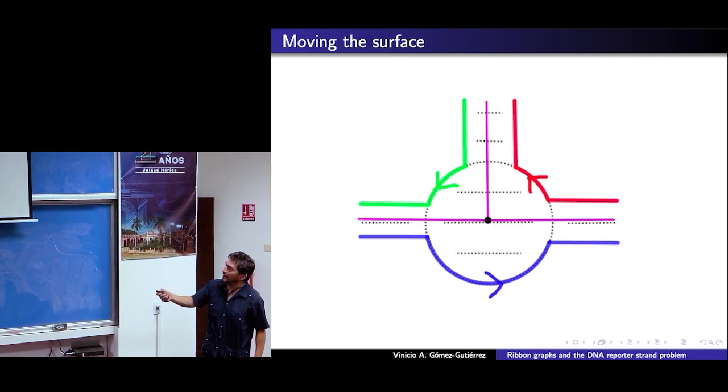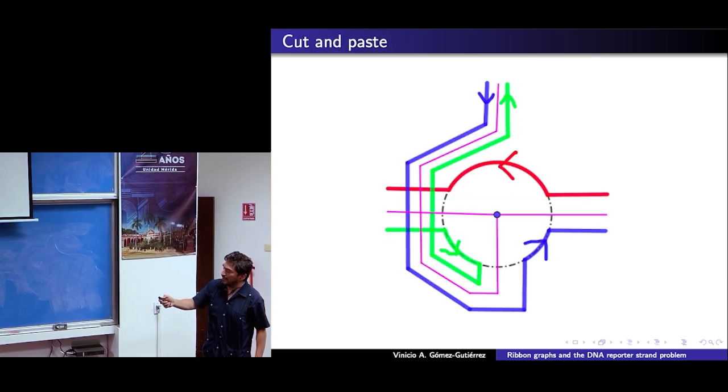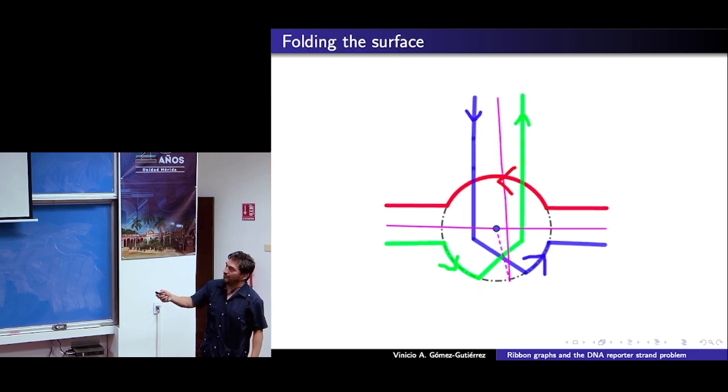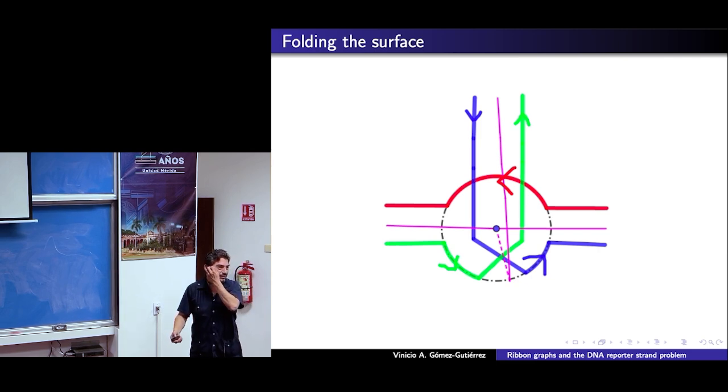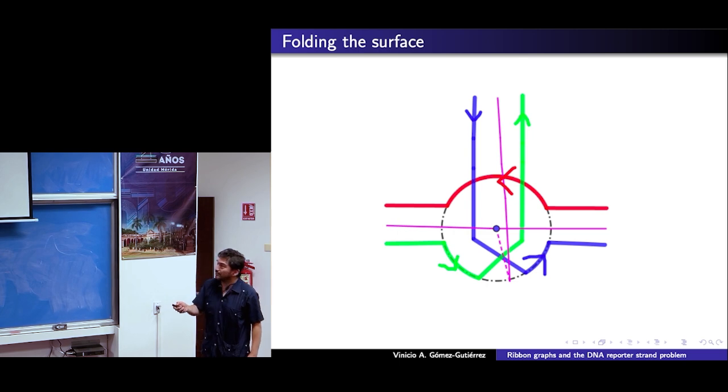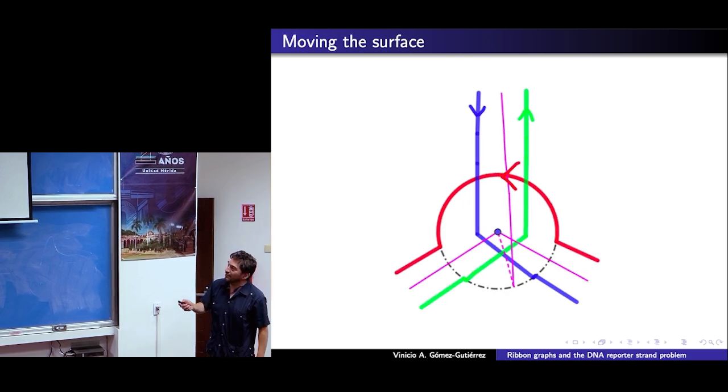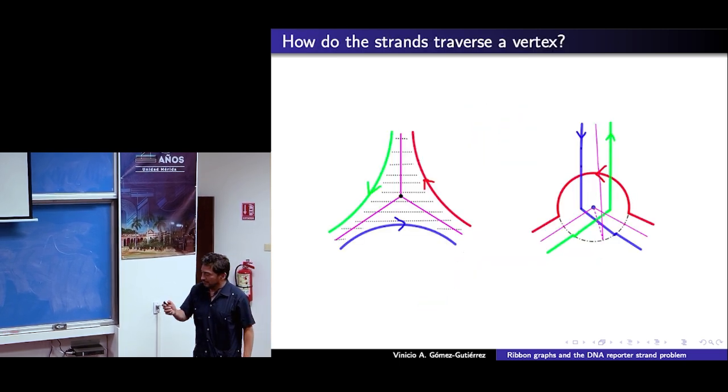I cut here the edge and paste lower, and then pull the edge, and we have this sketch. Moving the surface, we have two options for the strands to traverse a vertex. This is one, and this is another.